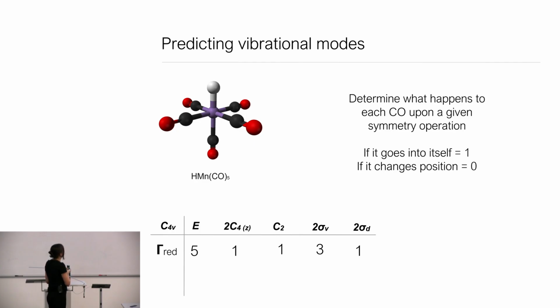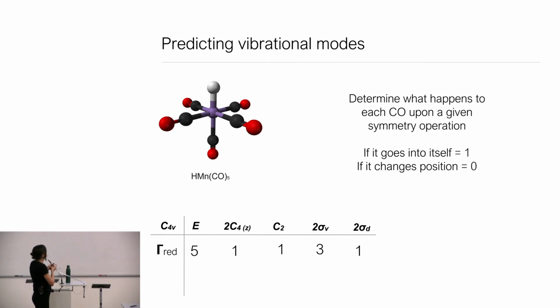And so under the identity, the value is 5 for the reducible representation. Now, if I do a C4 along the z-axis, this is my z-axis, what happens? I rotate this 90 degrees, so this goes into here, this goes into here. So everything in the equatorial plane switches when I rotate 90 degrees, but this axial CO goes into itself. And the same thing happens with a C2.